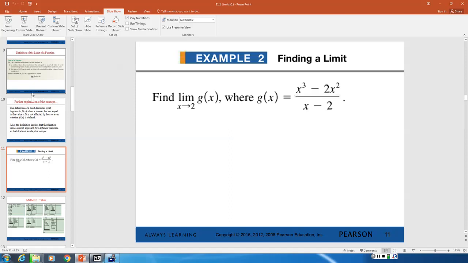So here's another example. Find the limit of g of x as x approaches 2. And look what's in the denominator. Can x actually be 2? No. Cannot.